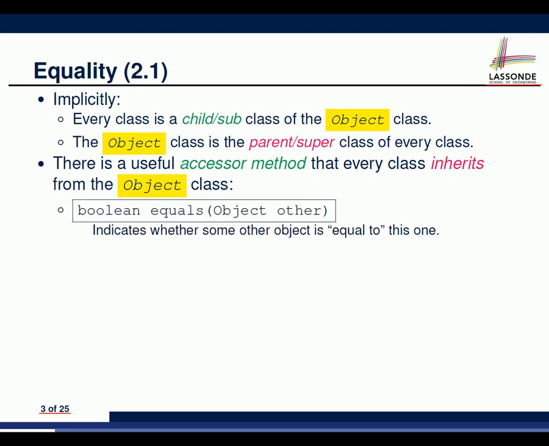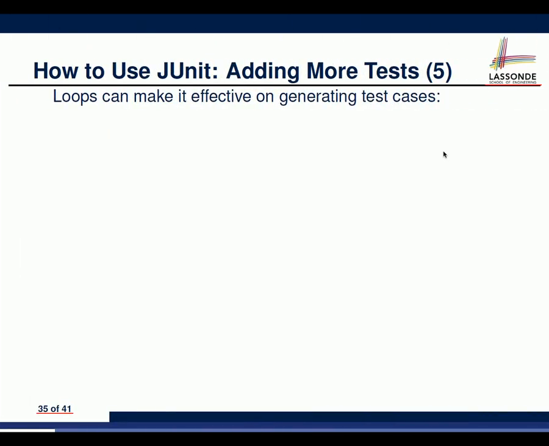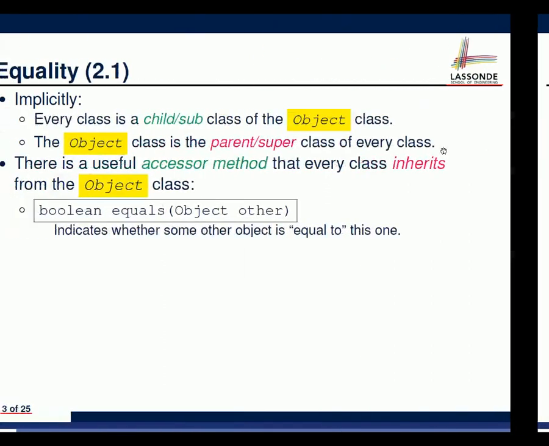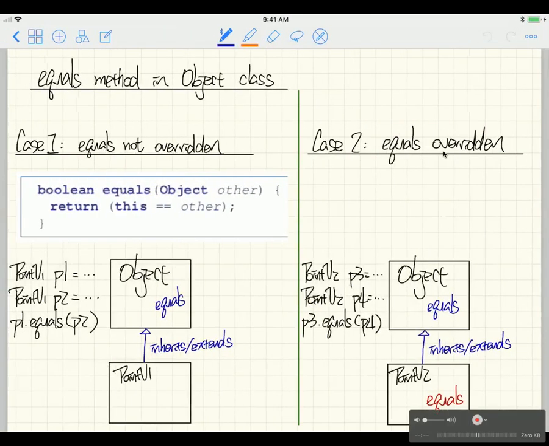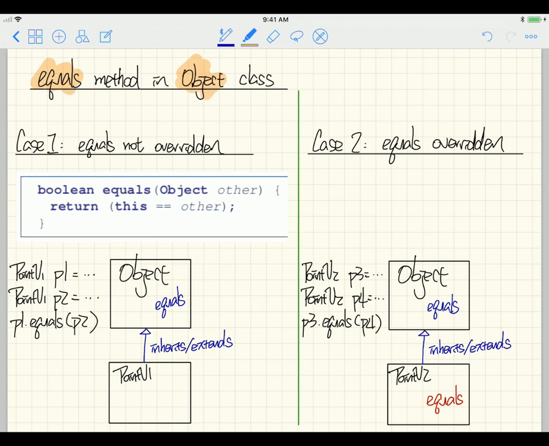I want to show you this equals method all together with you, and then I will show you some code examples. So we talk about the equals method over here, and there's a class name called Object, always capital. We're going to talk about two cases for today, case one and case two.